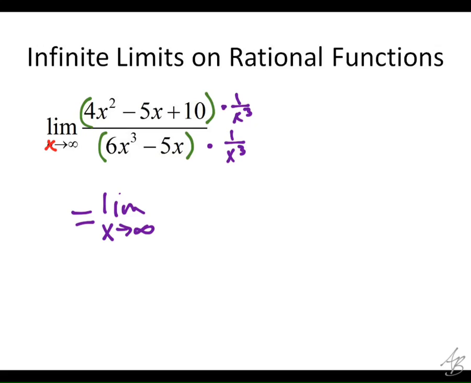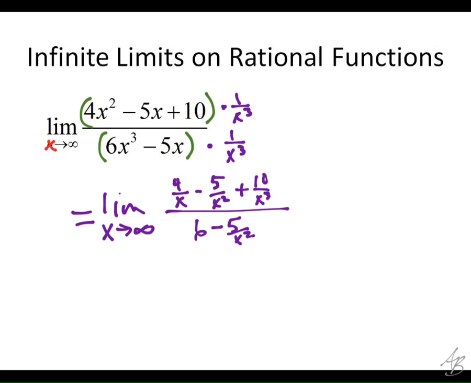What's 4x squared over x cubed? 4 over x, minus 5x over x cubed, which would be minus 5 over x squared. And then plus 10 over x cubed is 10 over x cubed. And then in the denominator, we have 6x cubed over x cubed is 6, minus 5 over x squared.